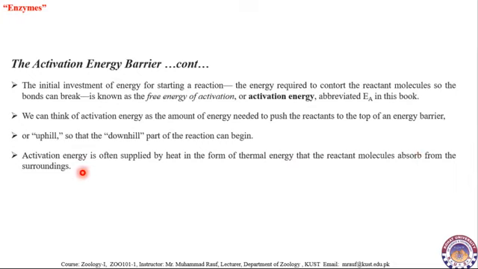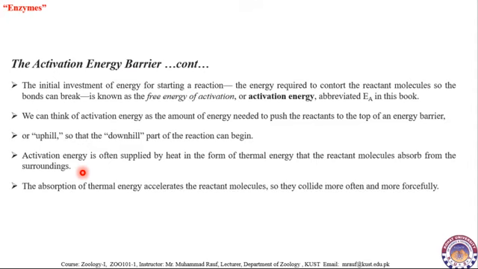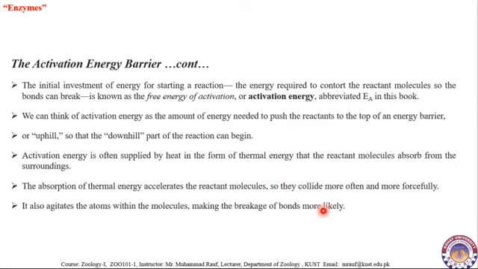So usually in endothermic reactions, this energy which is supplied is used to destabilize the molecule and to break the bonds. The absorption of thermal energy accelerates the reactant molecules so they collide more often and more forcefully.